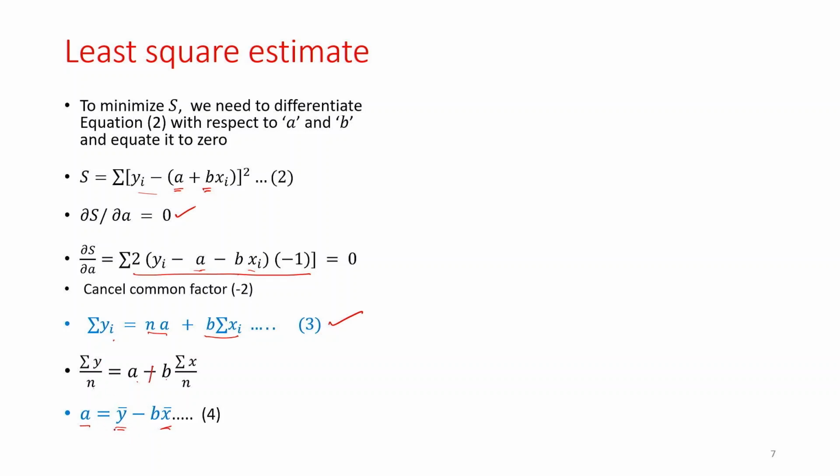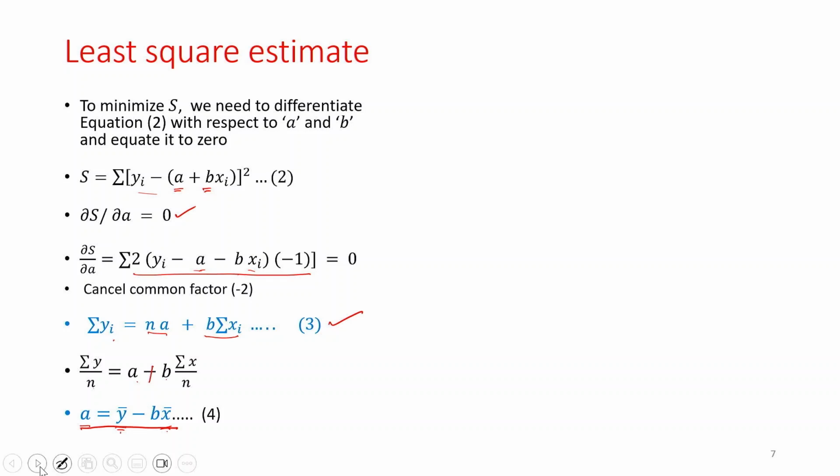So a is y bar minus b x bar. Y bar is the mean value of y and x bar is the mean value of x. So this is the equation that we arrive at: a is y bar minus b x bar. But unless I know b, I cannot find out a.